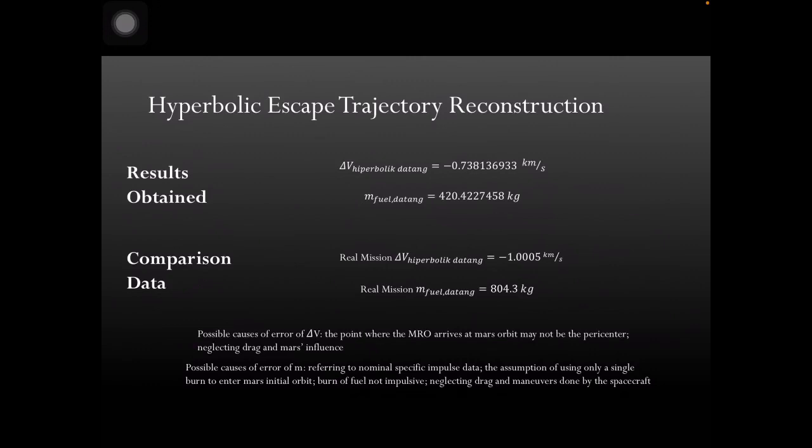Meanwhile, the possible causes of error in fuel mass calculations are also similar to those of the hyperbolic escape trajectory, such as the impulse data using its nominal value, the burn used in the assumption being impulsive, and also neglecting drag and maneuvers. But with the addition of the assumption of only using a single burn to enter Mars' initial orbit, which is quite hard to achieve in real conditions, as its arrival and transfer will need constant attention and correction so that the MRO will reach its desired target as planned.